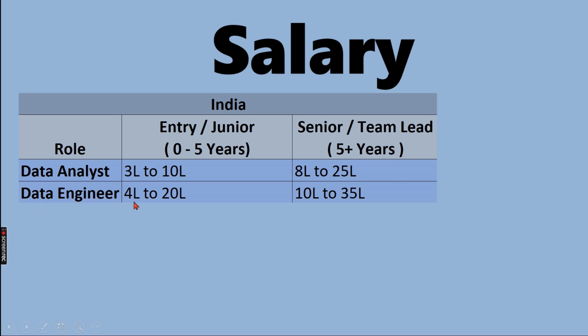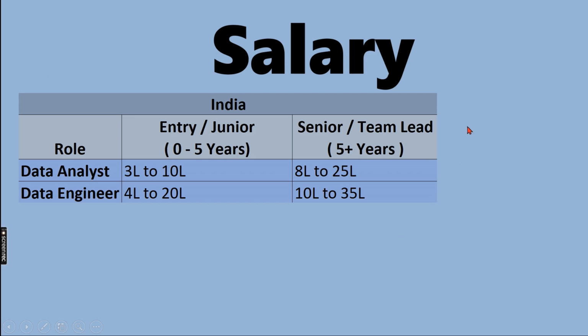When it comes to a data engineer, 4 lakhs to 20 lakhs in a junior role, and 10 lakhs to 35 lakhs. This is the salary range. There can be some outliers, like someone who gets 50-60 lakhs in a senior role, either as data engineer or data analyst. Somewhere they will get 30-40 lakhs.